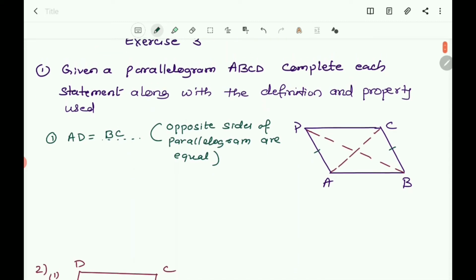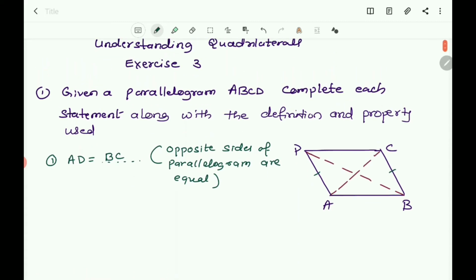Next, second one is angle DCB. Here angle DCB is this angle. That must be equals to its opposite angle DAB. So you can write angle DCB is equals to angle DAB.